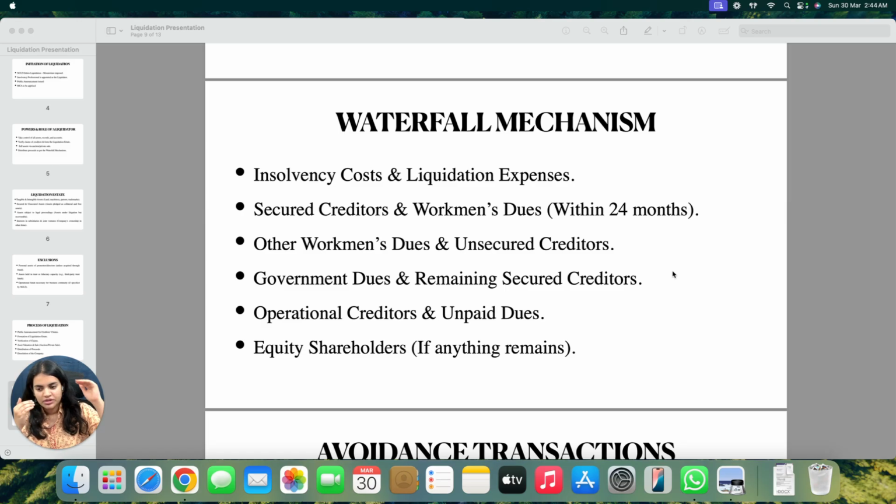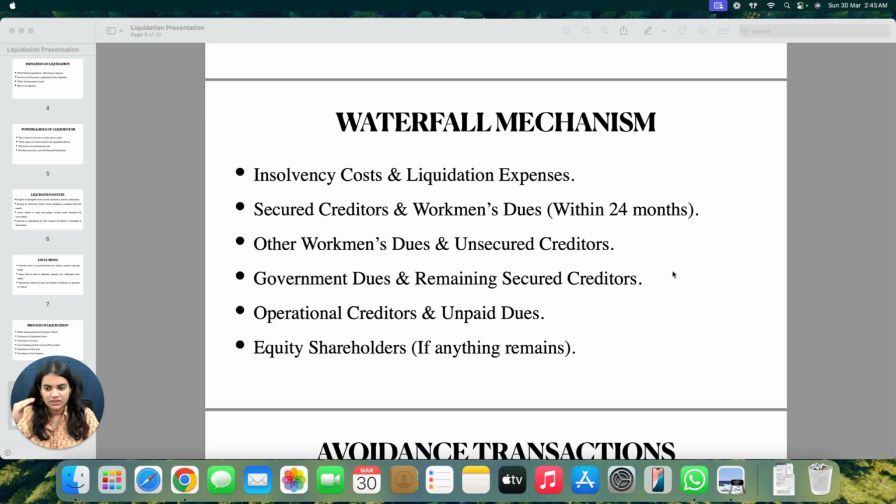Starting with the insolvency costs and liquidation expenses. Whatever costs were incurred by the IRP and by the RP subsequently, and the liquidator ultimately, all of these costs put together will have to be paid. Any dues towards insolvency costs and liquidation costs will have to be paid first.